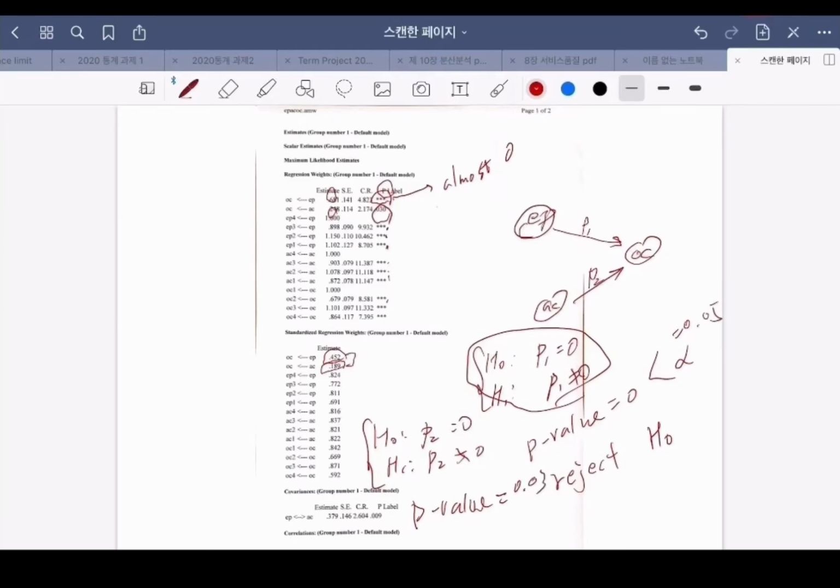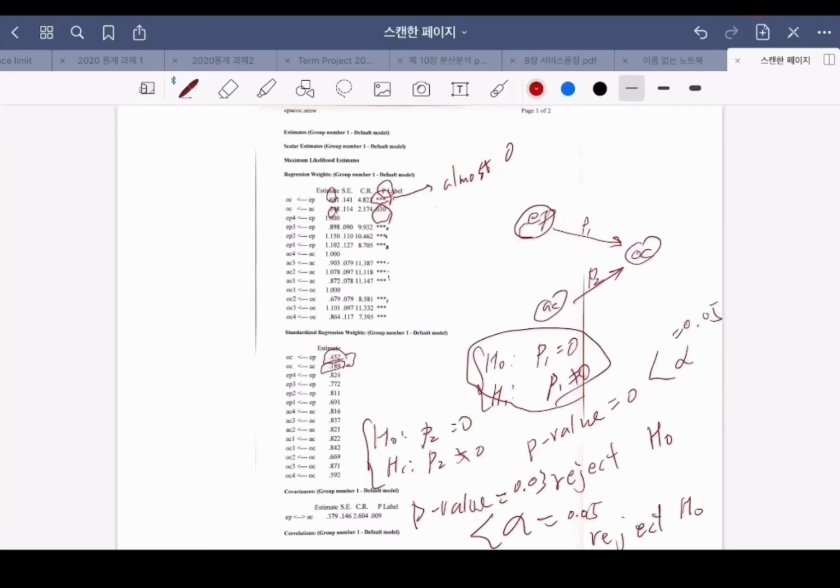Still, this is less than alpha if alpha is 0.05, so you reject the hypothesis. However, if alpha is 0.01, then 0.03 is greater than 0.01.